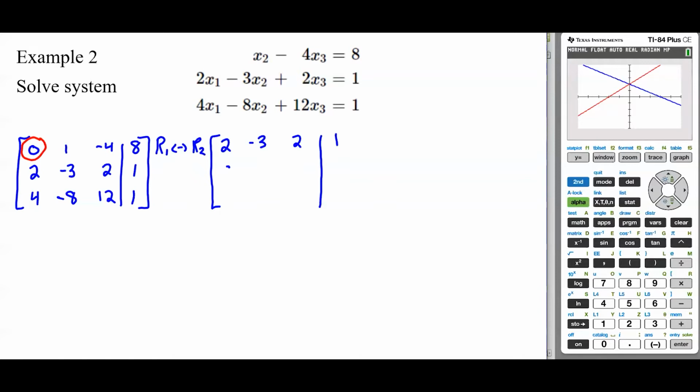And again, this is not the only way to do this, but this is how I'm going to do it. And I'm going to divide this first row by 2. So I'm going to say replace row 1 with 1/2 row 1.